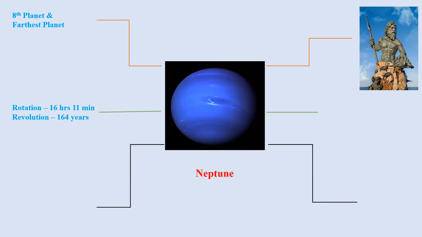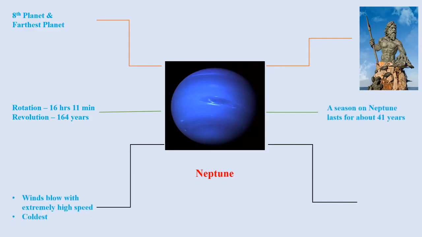Students, our Earth completes one revolution in 1 year, and Neptune completes one revolution in 164 years. That is very amazing. So, a season on Neptune lasts for about 41 years.